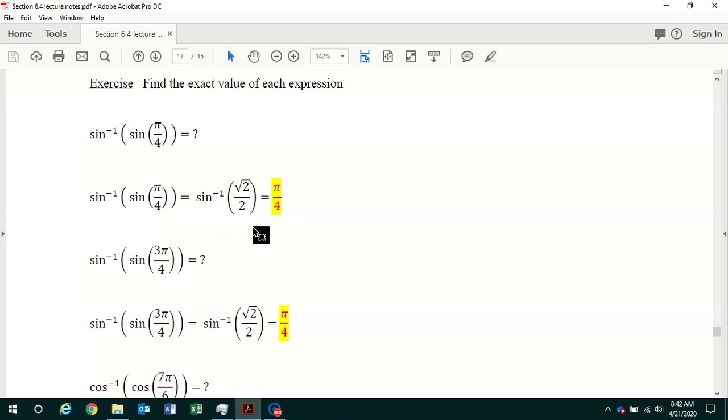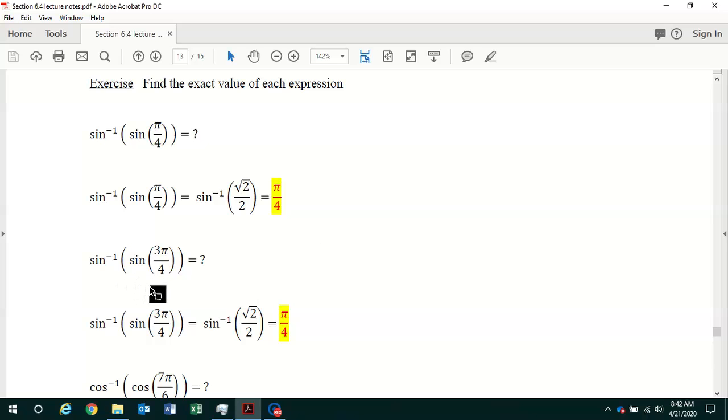And from page 3, we know that the inverse sine of square root of 2 over 2 is equal to pi over 4 radians. So this composite is equal to pi over 4 radians. You'll notice in this example, the inverse sine and the sine function canceled in the composite, and we were just left with pi over 4 radians.